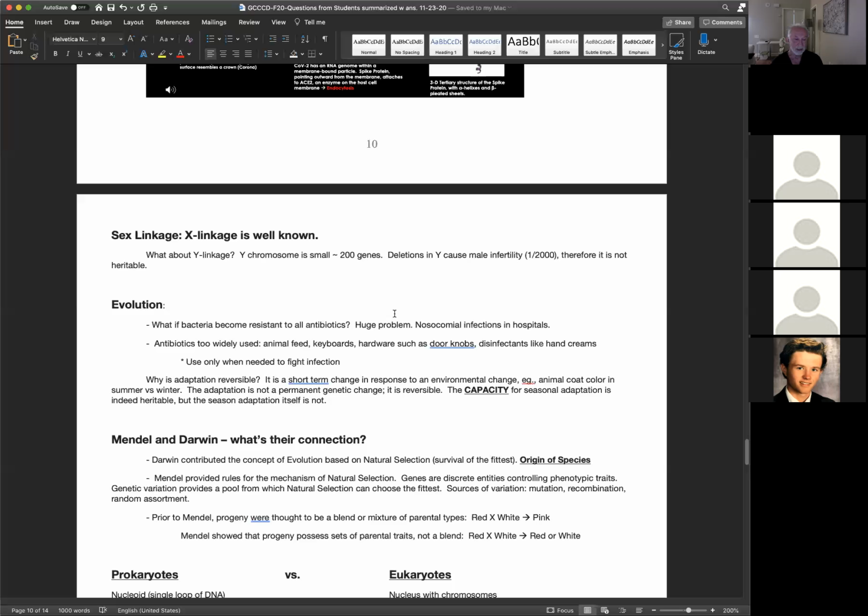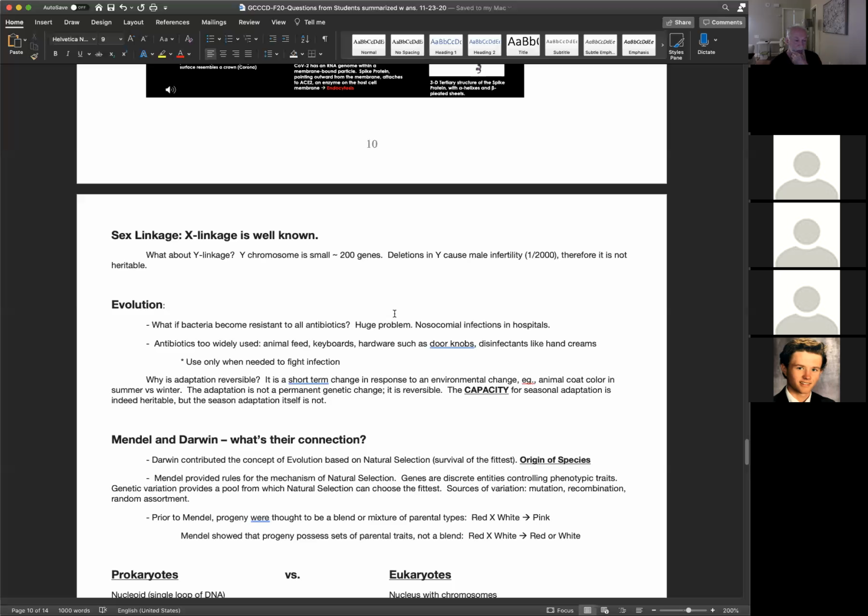In other words, when you change from brown to white, the next generation isn't all white. Next generation still has the capacity to switch back and forth. So that's the distinction between an adaptation and evolution, which is permanent. When an evolutionary change occurs, it's heritable generation after generation after generation.